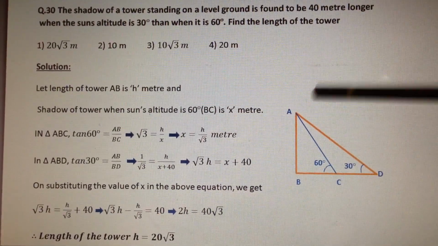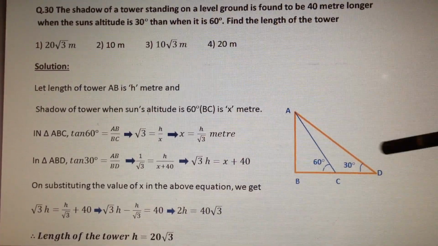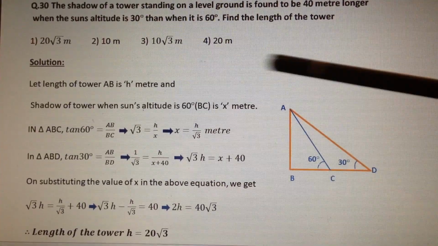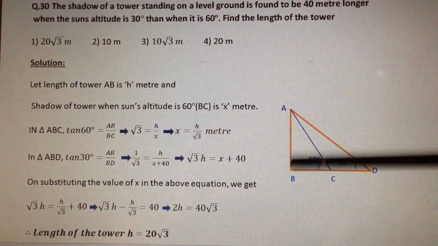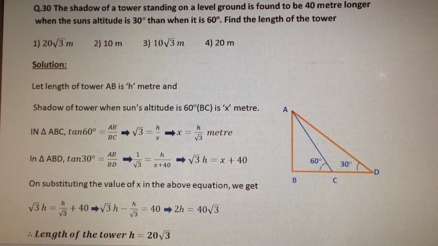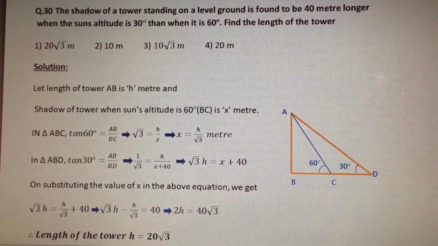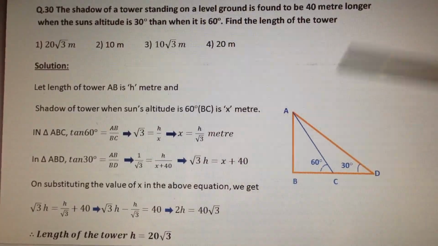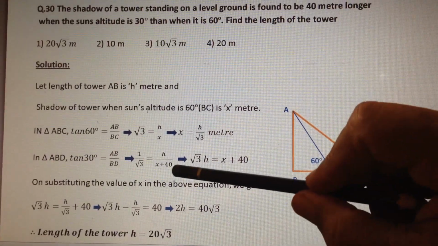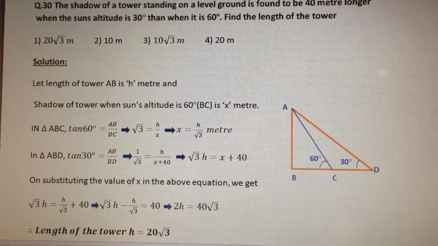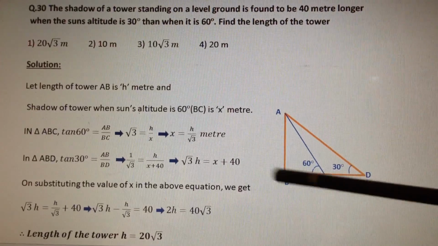In triangle ABD, tan 30 is equal to AB by BD. We know the value of tan 30, which is 1 by root 3. Therefore, 1 by root 3 is equal to h by x plus 40. Therefore, root 3h is equal to x plus 40.